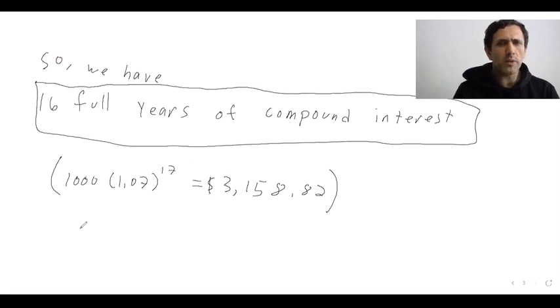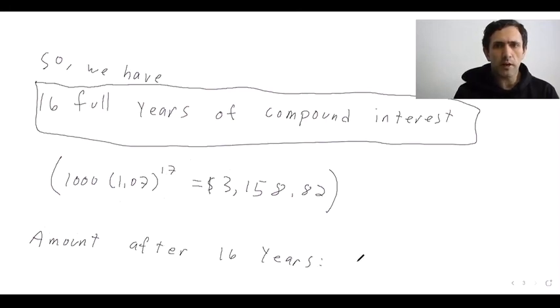Okay, so now that we know how many full years we have of compound interest, we need to find the amount after 16 years, and this is pretty easy. We'll just do the same thing we did here, except 16.